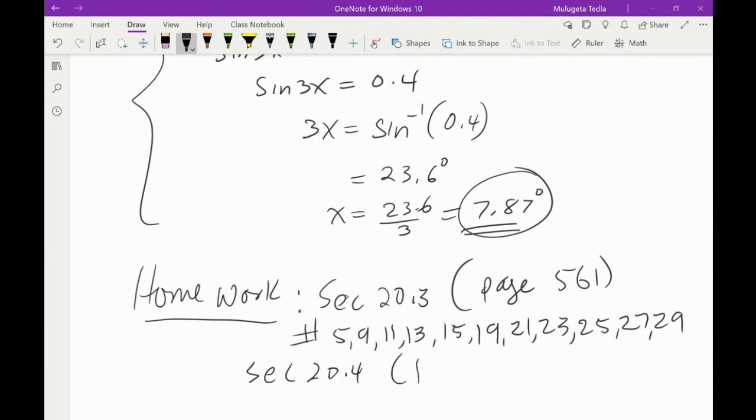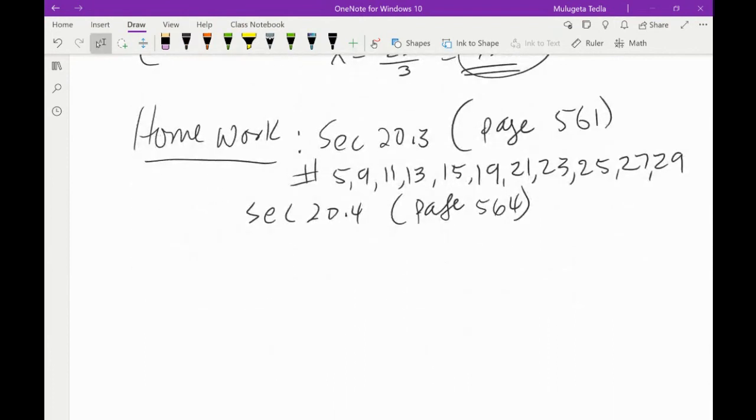Section 20.4, page 564. My notes, I'm checking.